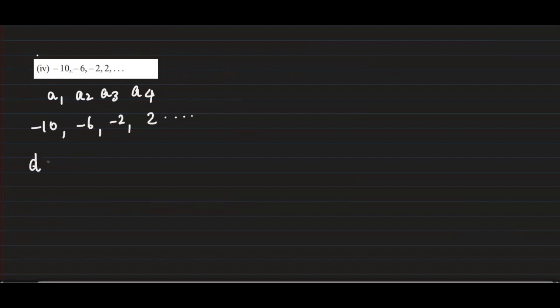So d value will be a2 minus a1. What is a2 here? So a2 is minus 6. So minus 6 minus of minus 10. So this will be a2 minus a1, which is equal to minus 6 minus minus 10. Okay. So which is equal to minus 6, minus into minus becomes plus 10, which is equal to 4.